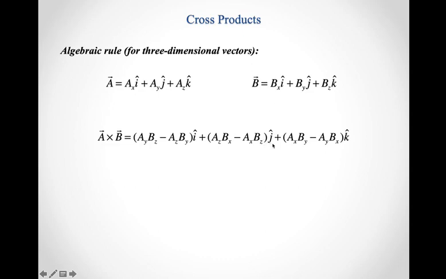The y component depends on the difference of the products between the x and z components. Each component of my cross product uses the other two components of the vectors A and B. So here's the rule for calculating the cross product between two three-dimensional vectors.